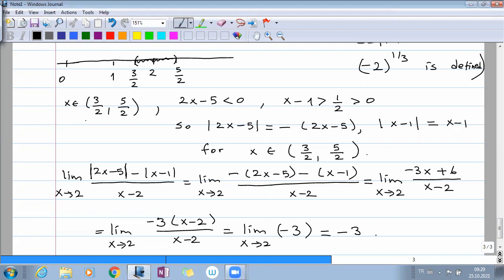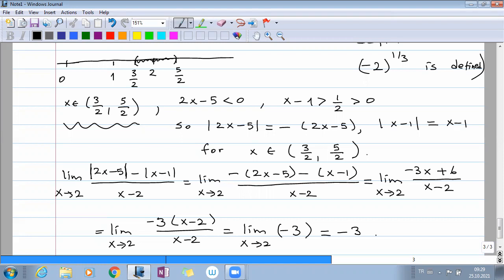In this interval, if I take x between 3/2 and 5/2, x minus 1 is greater than 1/2, right? Why did we choose this interval? I like the number 1/2. Why did we choose this interval?